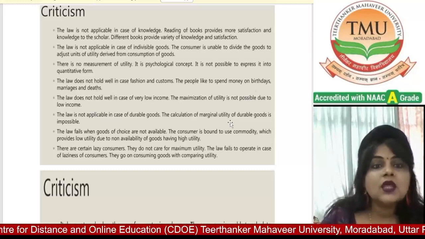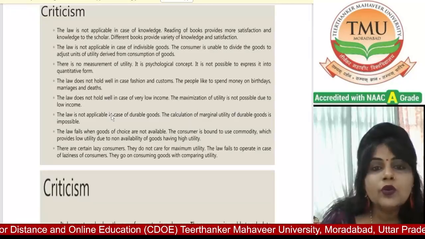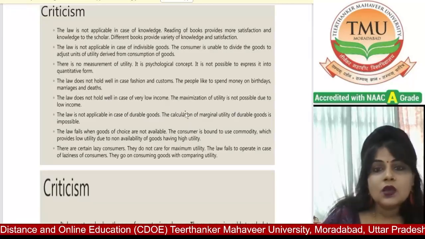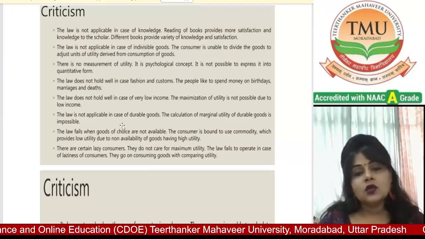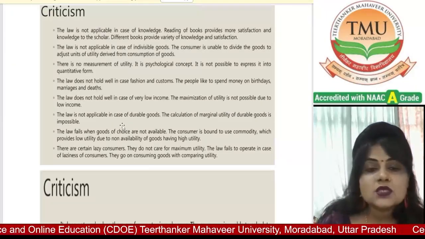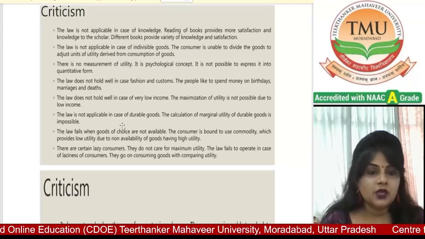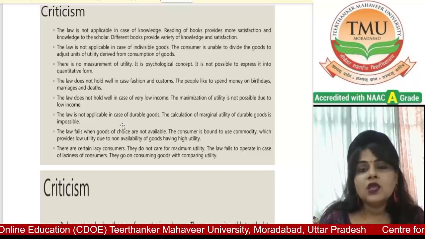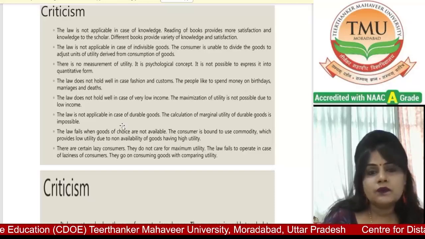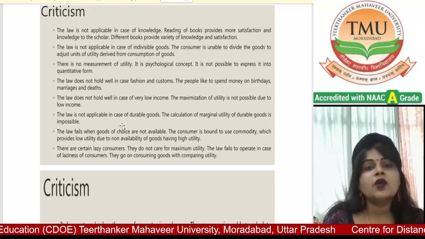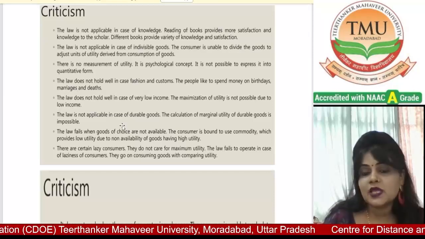And next, the law does not hold well in the case of very low income. The maximization of utility is not possible due to low income. When the resources of the consumer are very limited and he has no source of income, he cannot decide and cannot get the maximum satisfaction.